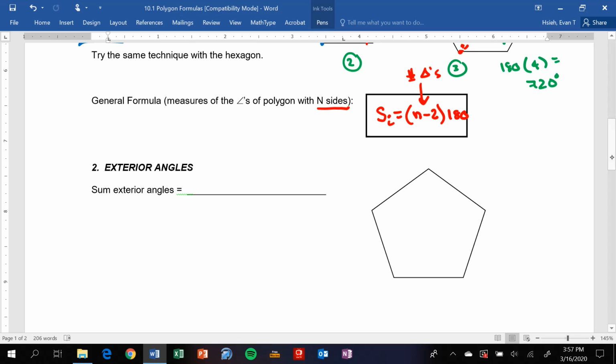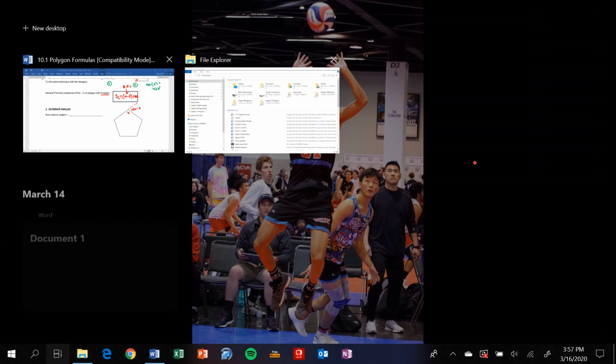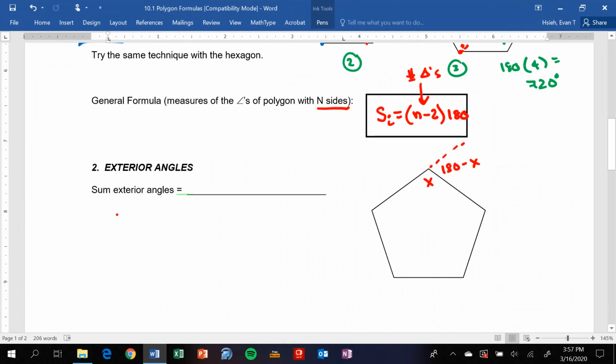For the exterior angles, the sum of all the exterior angles, well, let's think about this. If one of my angles on the interior is x, the exterior angle is going to be 180 minus x. So the sum of all the exterior angles is 180 minus x, times the number of vertices.